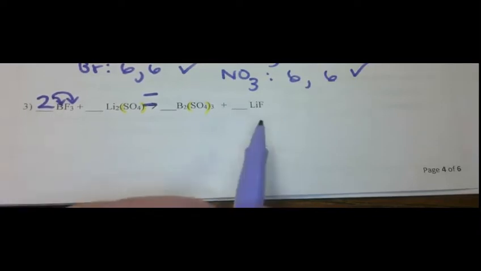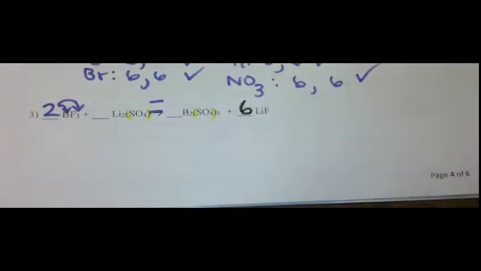We're going to solve that with a coefficient. Okay, so my coefficient here, because I have 6 on the left, I also need to make 6 over here. I only have 1 so far, so I'm going to put in a 6. All right, so 6 fluorines, but this also changed my lithiums.